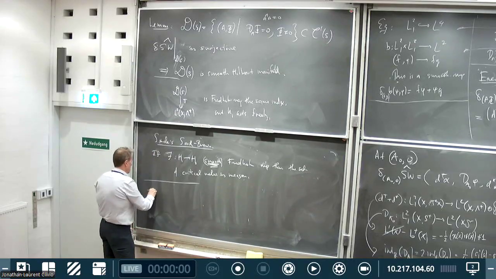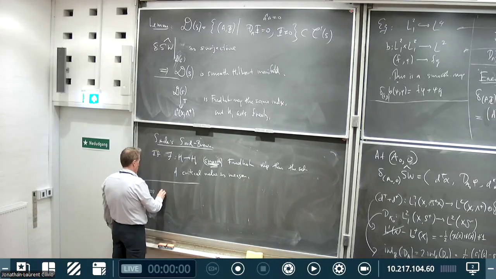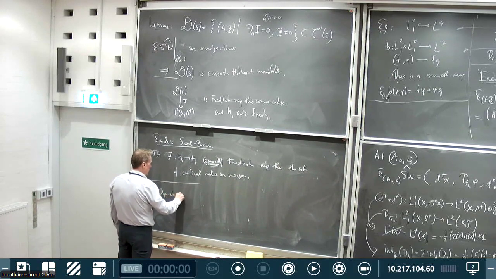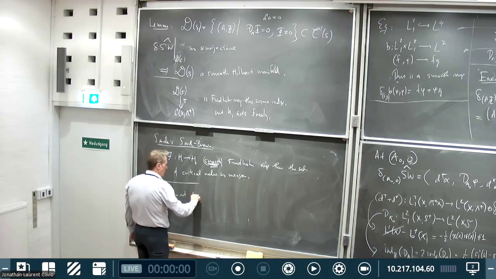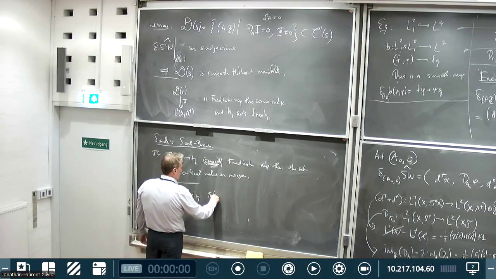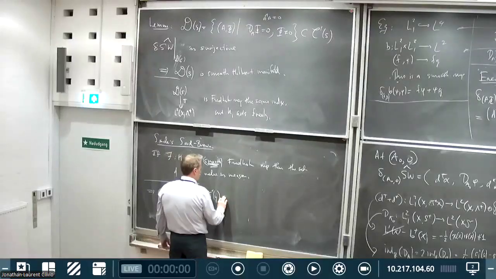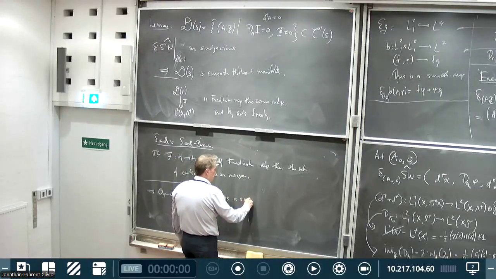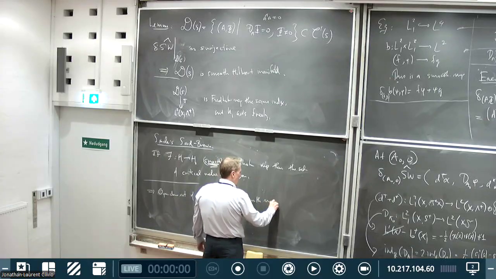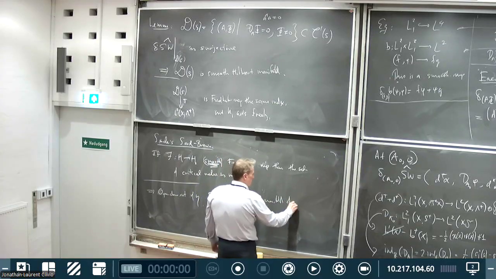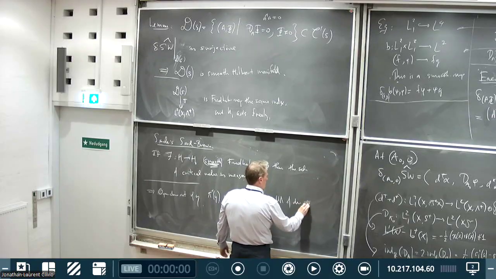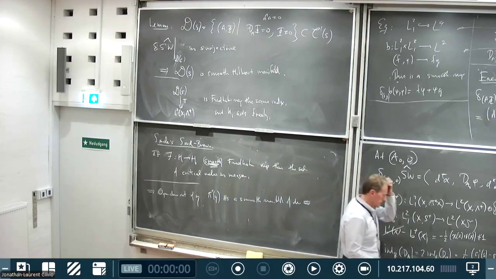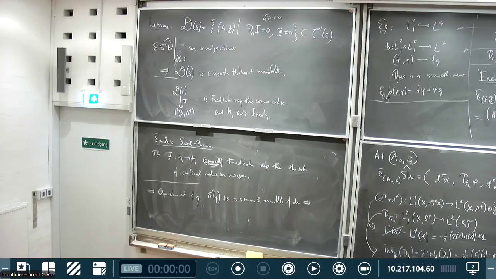So that means that for an open dense set of eta, the inverse of eta is a smooth manifold of dimension equal to this. Let's call this E of S plus 1.